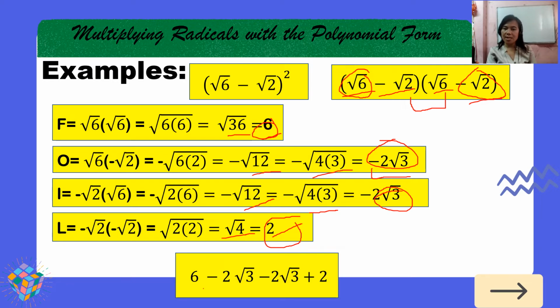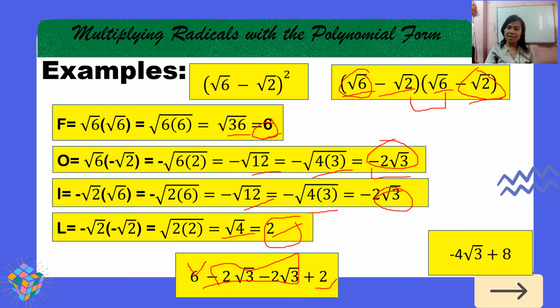Ngayon, tong negative 2 square root of 3 tsaka negative 2 square root of 3, pwede nating ma-combine as well as 6 and 2. 6 plus 2 is 8. Tapos, meron tayong negative 2 plus negative 2, that's negative 4. So, yung final answer natin is negative 4 square root of 3 plus 8. Pwede siyang magkabaliktad. Pwede rin 8 minus 4 square root of 3.